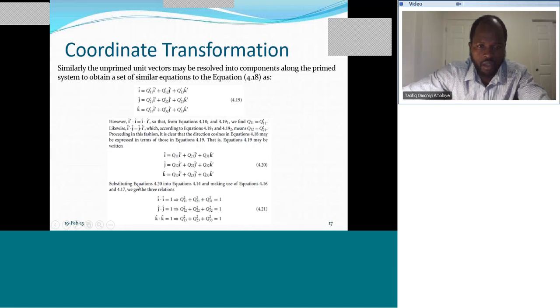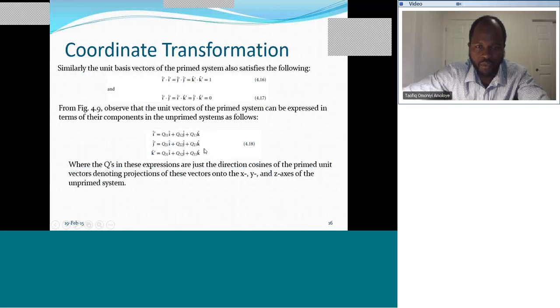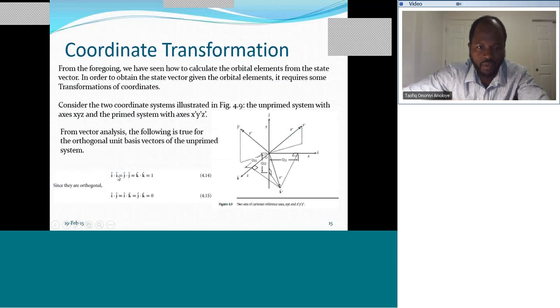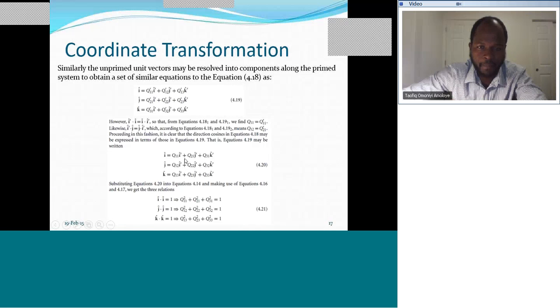So if we substitute equation 4.20 into equation 4.14, and perform the dot operation of the unit vectors by themselves, we get the dot product of I by itself equal to 1, giving us Q11 squared plus Q21 squared plus Q31 squared equals 1.